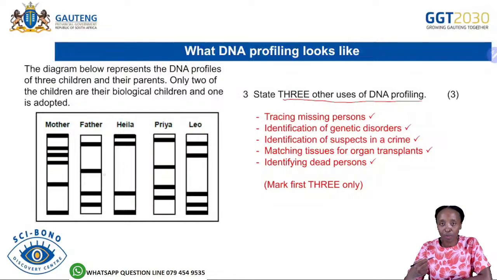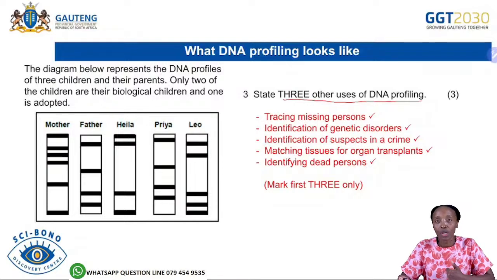And the more you practice, you will see that the answers are more or less the same. But the DNA profiles that you will get are not the same. So that is why you need to practice more, use your ruler, and see how the answers are given in different question papers. Then you will have enough confidence to answer any other question that comes on DNA profiling.